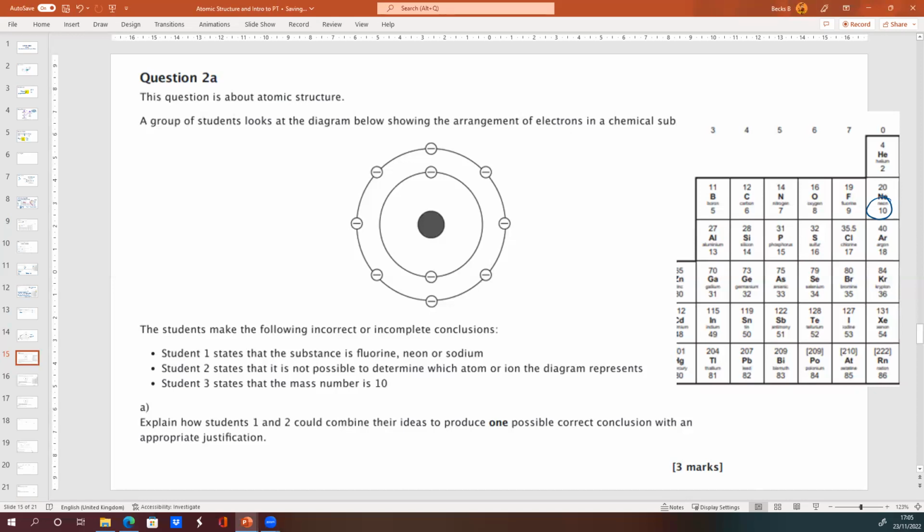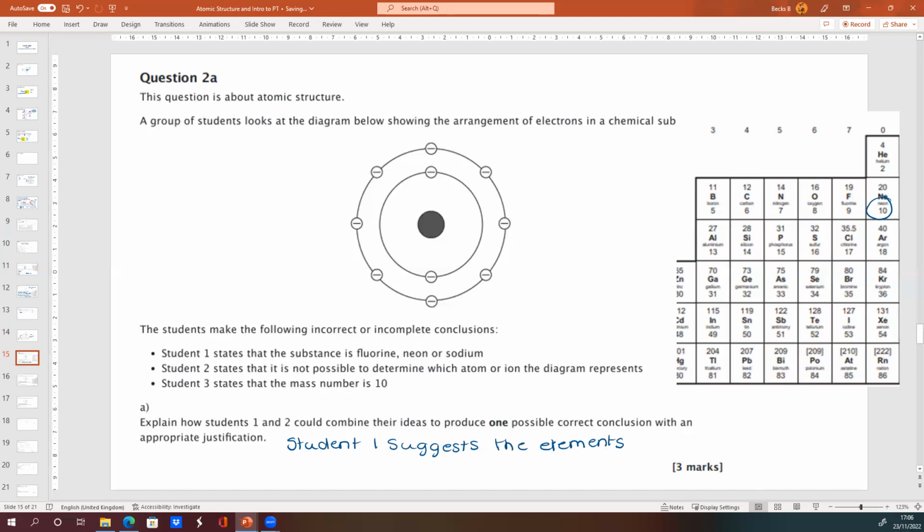Okay, so student 1 suggests the elements. Now student 2 talks about atoms, and it can only be neon because it's got 10 electrons.